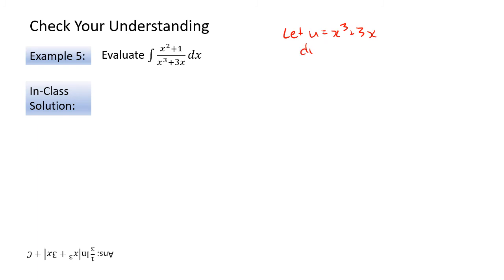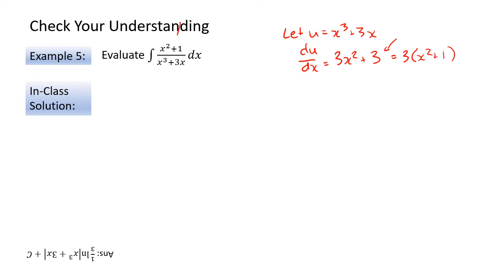So in this case, du by dx is equal to 3x squared plus 3. We look here and we know we're getting close. We have an x squared and a constant here, and we see that we can factor out a factor of 3. So this is the same as 3 times x squared plus 1, factoring out 3.